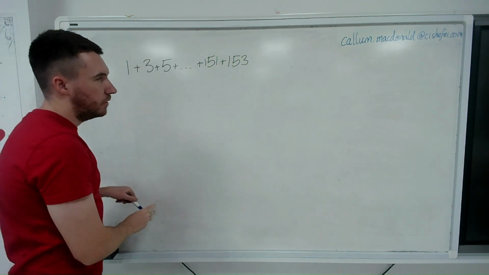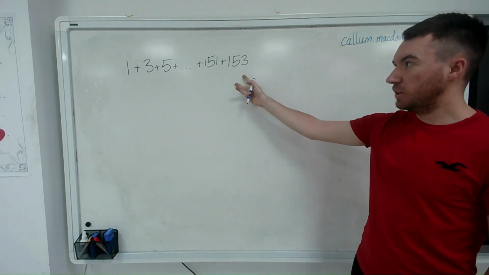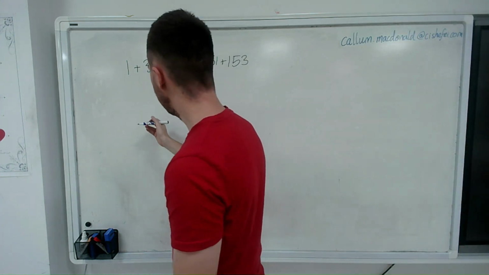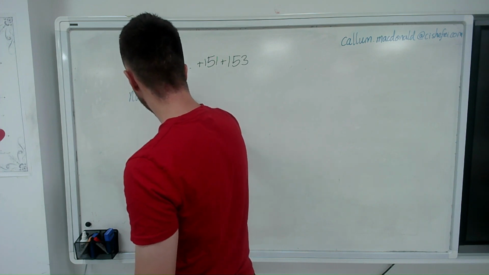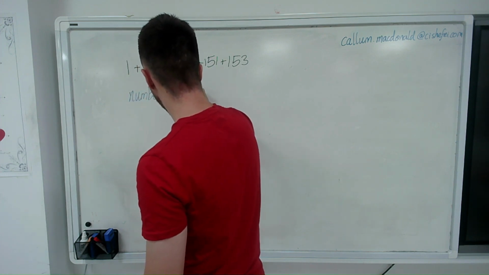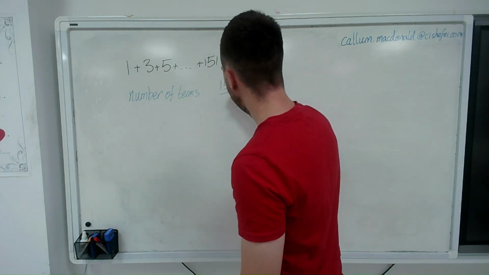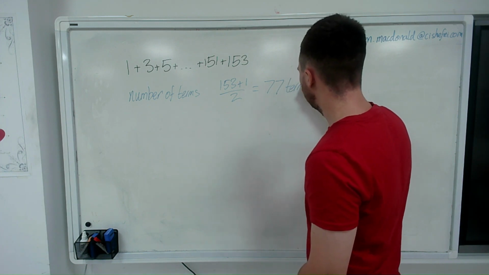Okay, so after we have the number of terms, we can very quickly work out what this is. So for this particular question, the number of terms is 153 plus 1 divided by 2, which is 77 terms.